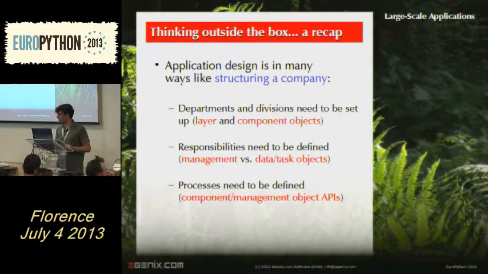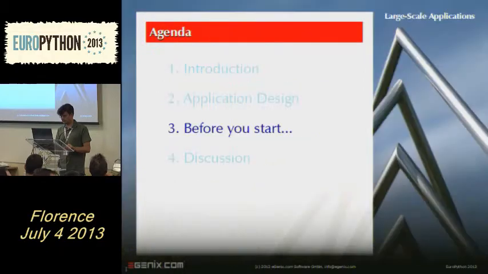Okay, so let's go back to the example with the company. Just to recap, in structuring a company, you have departments, divisions, layers and components, responsibilities to manage, so you have the management and the data task objects, and you have processes that you define. The processes are basically defined by the APIs in your application, because each API implements a certain process in your system.